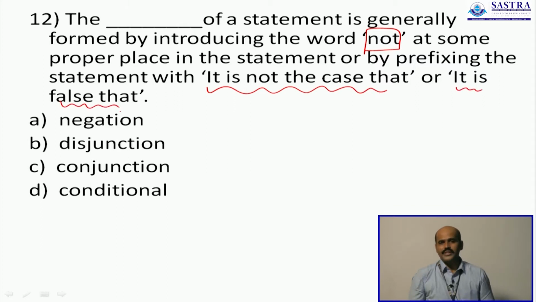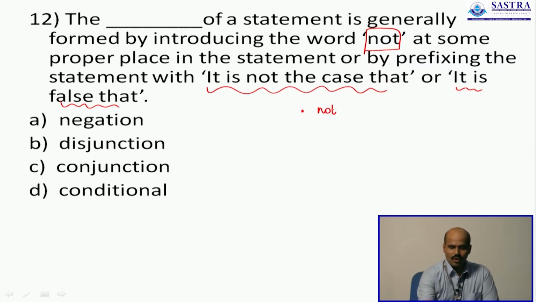Now all of these three talk about the construction of a statement from a given sentence. 1, you introduce the word not. 2, you add a prefix saying that it is not the case. And 3, you say it is false.